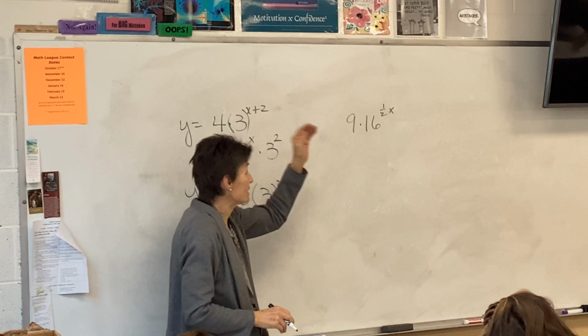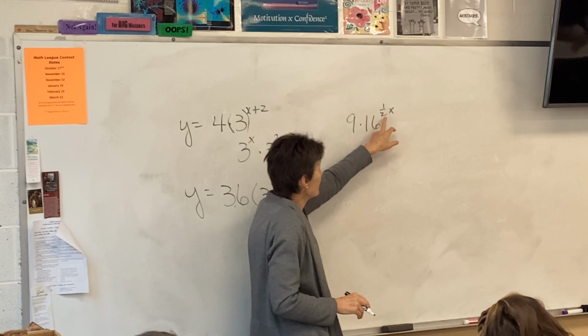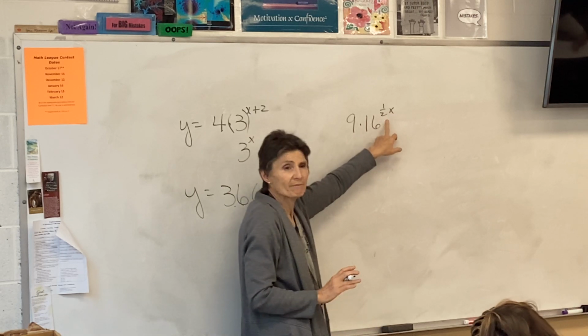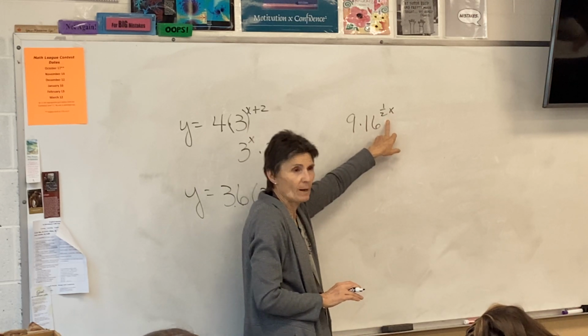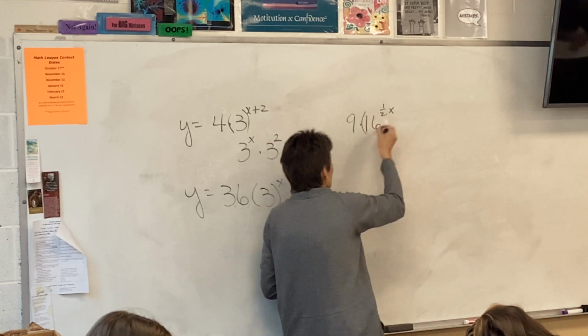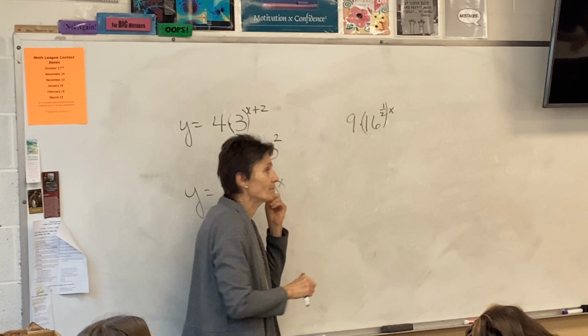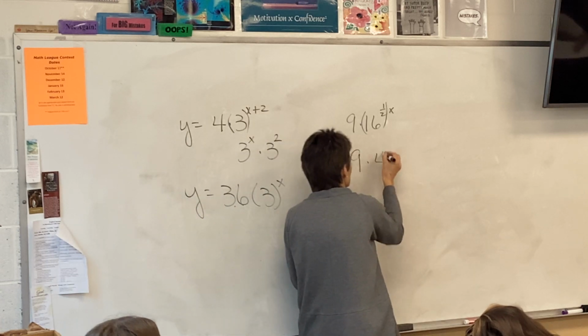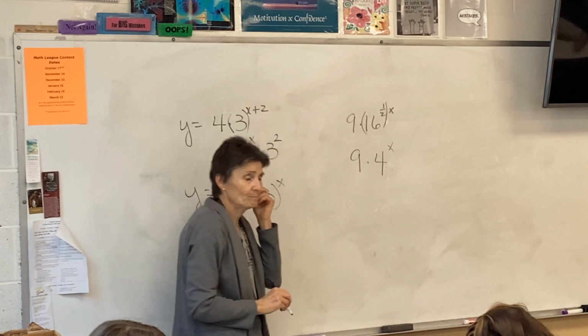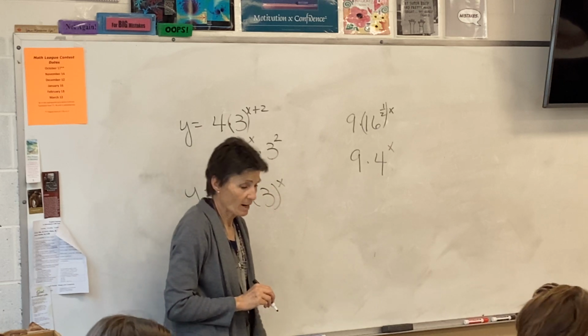He thinks it's C. I'm gonna rewrite C, instead of x over 2, I'm gonna write 1/2 x. I like it, it looks better to me that way. Tell me about 16 to the 1/2. What is 16 to the 1/2? 4. I think Nick's right. I think he is right.